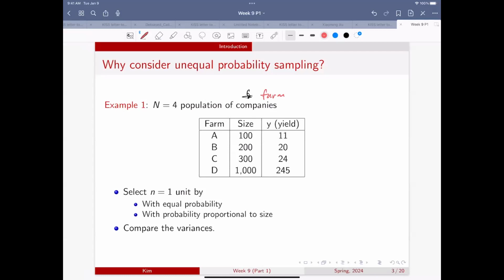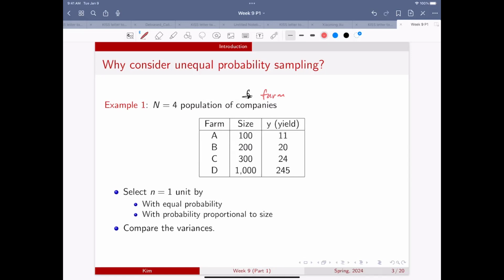If it means a farm, it could be acres, the size of farms. And then it makes sense to have yield roughly proportional to the size, right? The bigger the land, maybe you will have more yield.